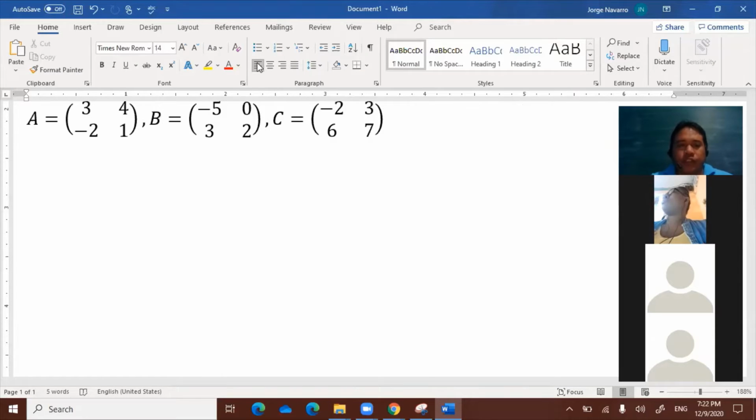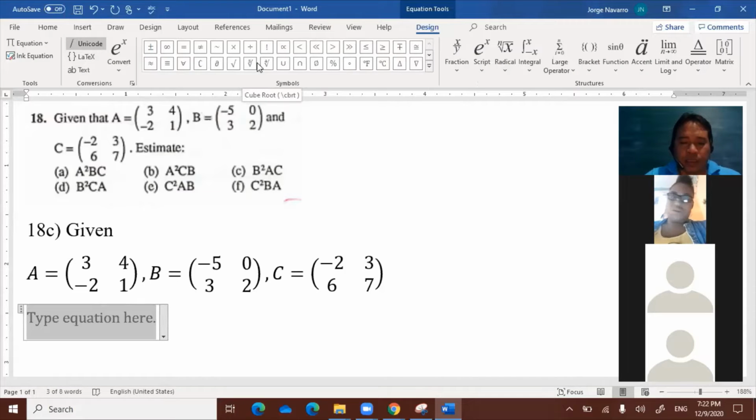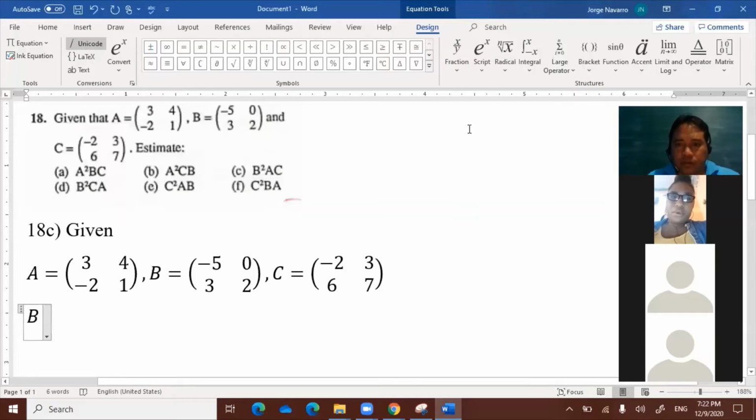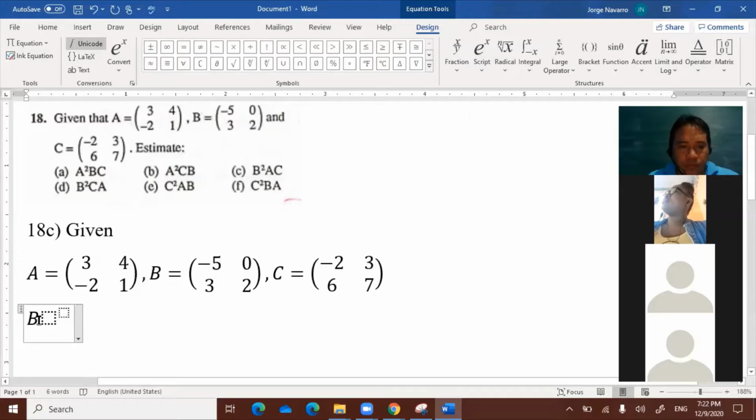And the question for C says B squared AC. Oh, shucks, I stopped sharing. Sorry about that. All right, B squared AC. And so that is what we're going to be solving.